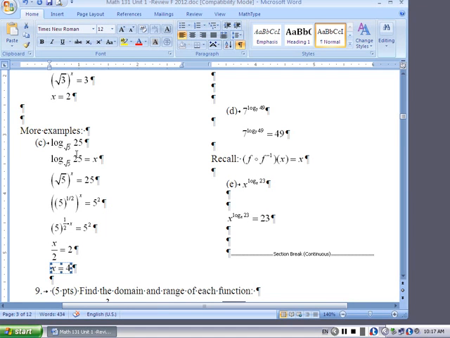Okay, let me draw this. Exponent function, like this, right? It is 1 to 1. Is that right? It is 1 to 1.